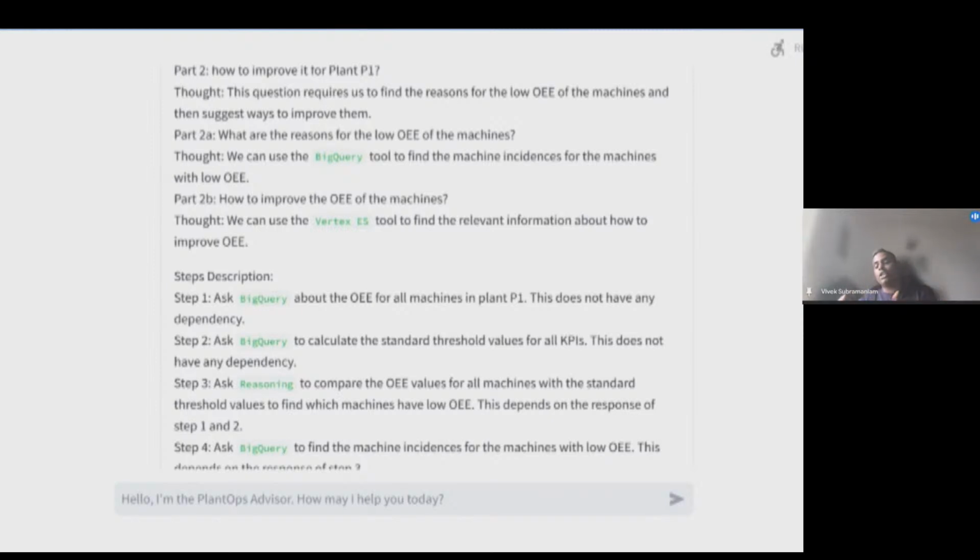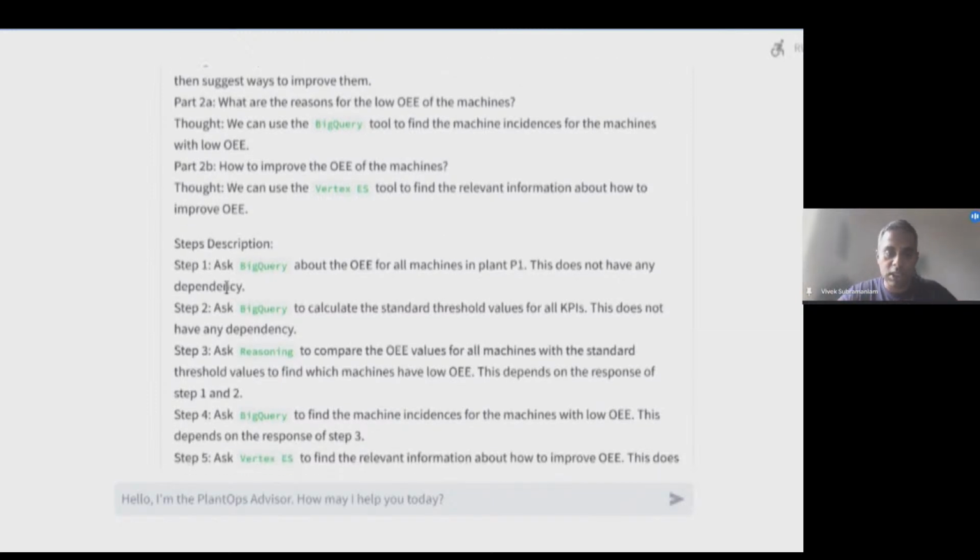Once it does that, it needs to look at root causes associated with the poorest performing machines. All of that information is still information that can be in an enterprise data warehouse. And as you can see, the steps that I have mentioned are steps that it's pulling out from BigQuery, which is an enterprise data warehouse. The how part is the trickier part because the how is usually information that's locked up in SOPs or manuals, and that's the knowledge that is there in the shop.